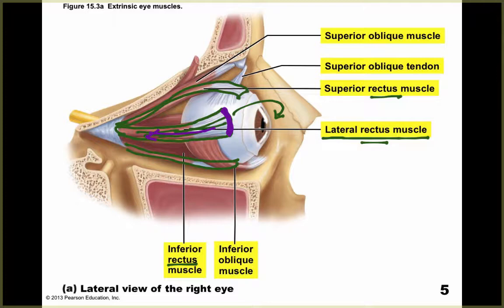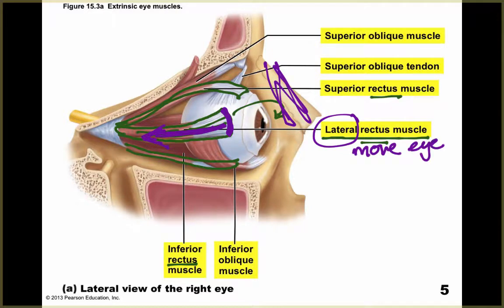You see it's on the lateral side. This is our nose here, right? So this is towards the outside, or the lateral part of our eye, which is why it's called lateral. And basically, if this guy pulls this way, it's going to move the eye laterally.